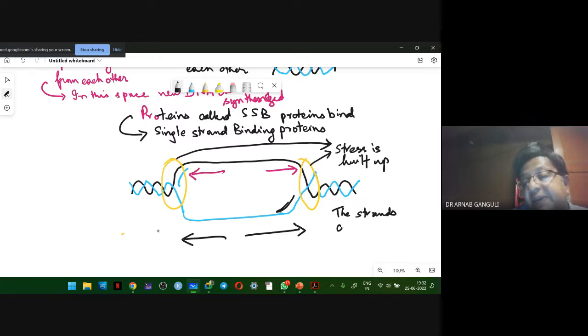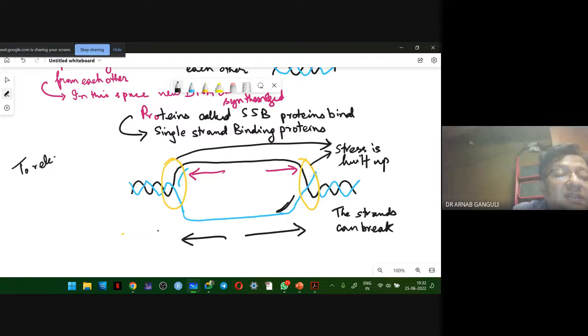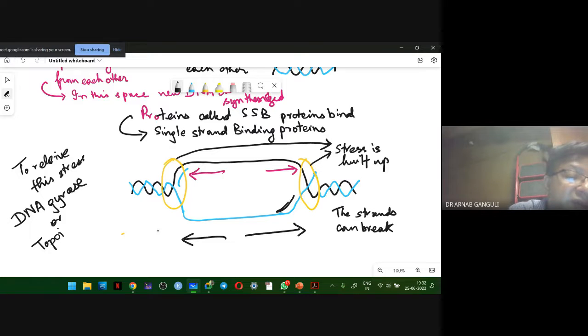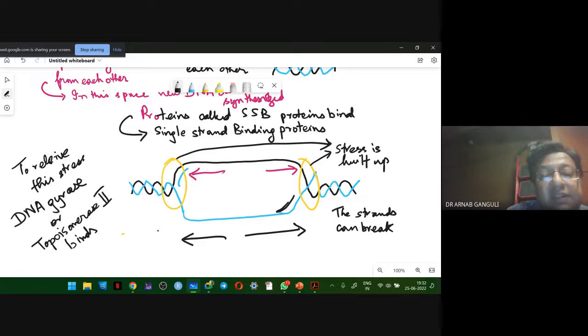The strands can break. So to relieve the stress, there is an enzyme known as DNA gyrase, or topoisomerase 2, which binds this yellow region.